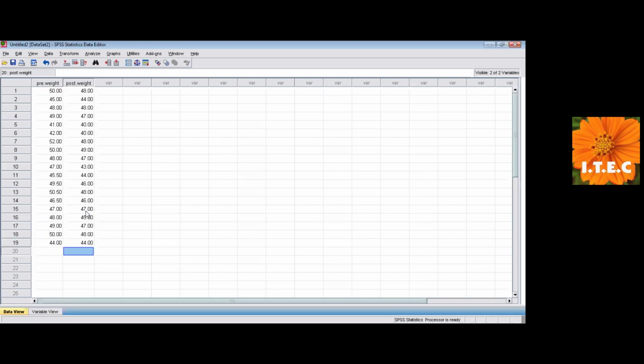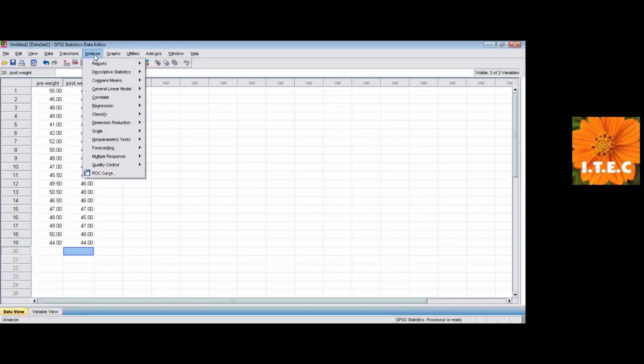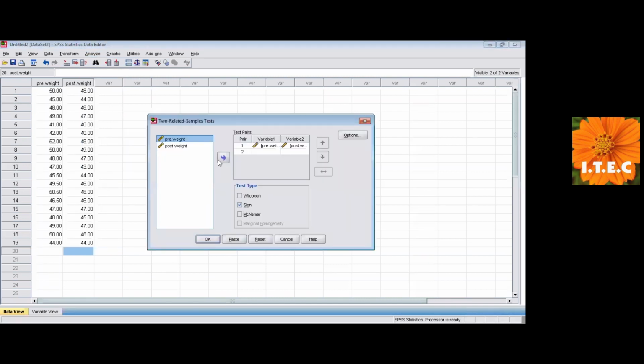Now I can use Wilcoxon also, and I can use the sign test also. Let us see. We go to non-parametric, we go to k-related, and now I have the pre and I have the post. And I do Wilcoxon also. So let us see what is the difference in the results.